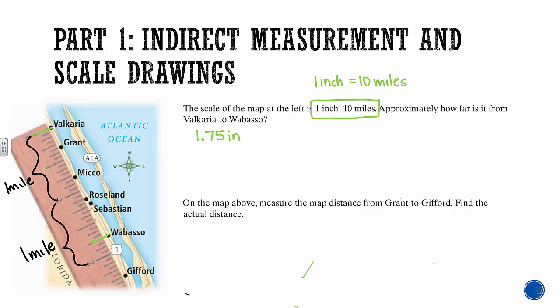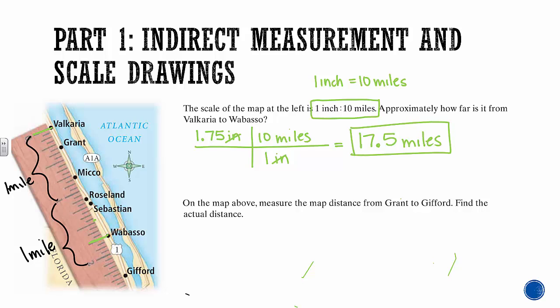We can think about doing this just like we did the dimensional analysis. I want stuff to cross off. Inches on the bottom, I'd want 10 miles on top, so we cross this off. All I got to do is multiply 1.75 times 10, and I get 17.5 miles. Now I know this is obviously an easy conversion, but not all of them will be as easy, so that's why this dimensional analysis really helps.